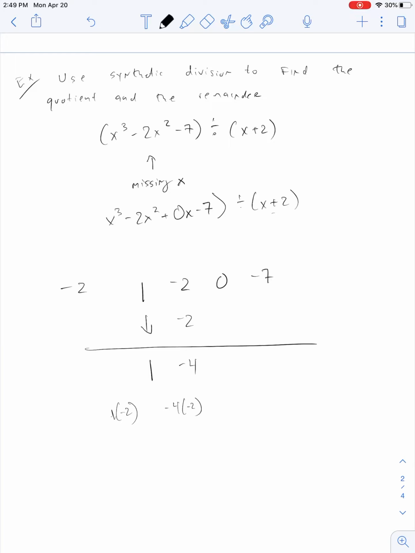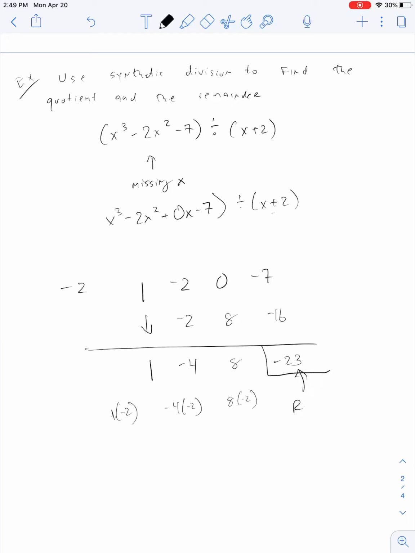Gives us an 8. We add an 8. Multiply. So negative 16. We add. Gives us a negative 23.